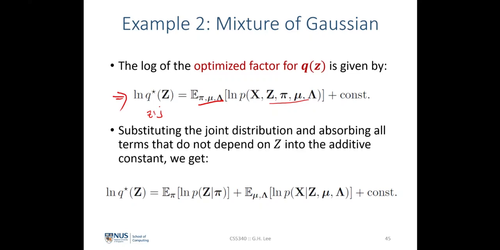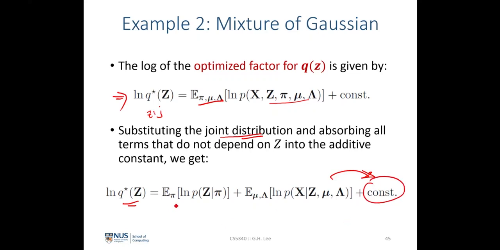Substituting the joint distribution, which is what we know from earlier, with all the expressions that we have written in the previous few slides, and absorbing all the terms that do not depend on z. Since the solution is a functional form of the latent random variable z, what we should do is factorize out all those factors that are independent of z into the constant term over here.